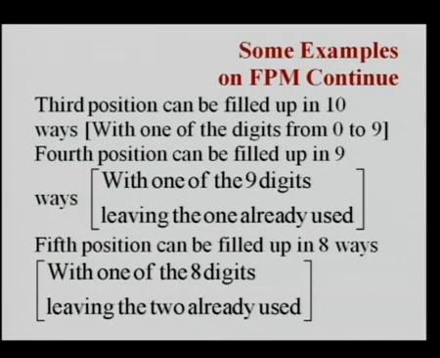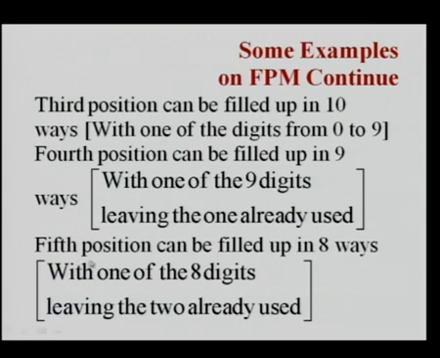And the third position can be filled in 10 ways, because we can use any of the digits 0 to 9. And the fourth position, because we have already used one digit from 0 to 9, can be filled with 9 options, because repetition is not allowed, so we cannot repeat the digits which are already occupied.